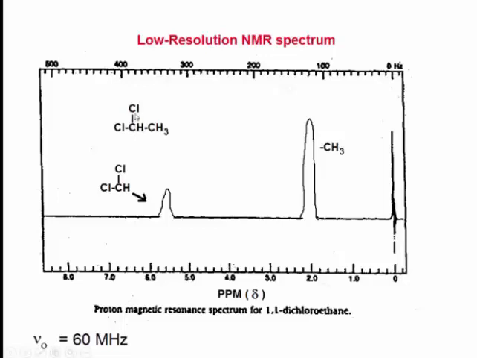The chlorines are electron withdrawing atoms. Since the single methine hydrogen is closer to the electron withdrawing chlorines, that causes the single hydrogen to be more deshielded than the methyl hydrogens. With a greater deshielding, the signal for that hydrogen is shifted to the left. So this little peak right here is the methine hydrogen. The other peak is the methyl signal.